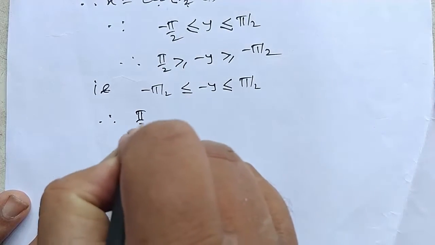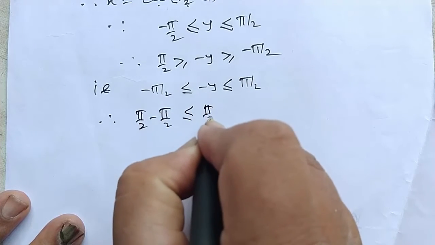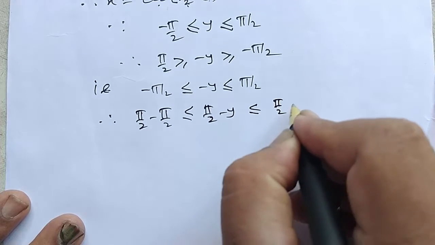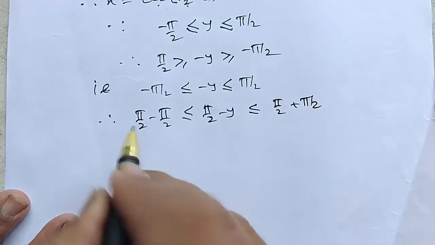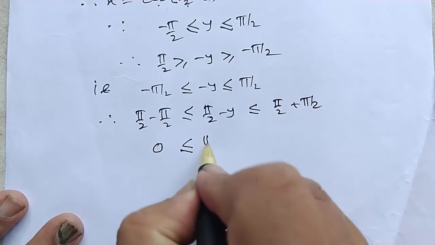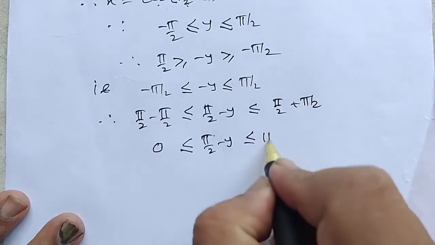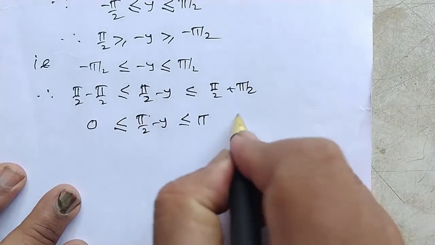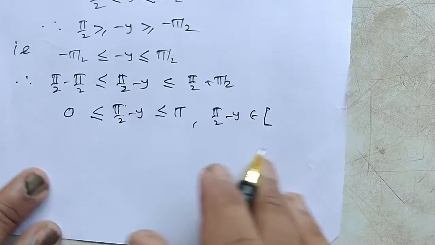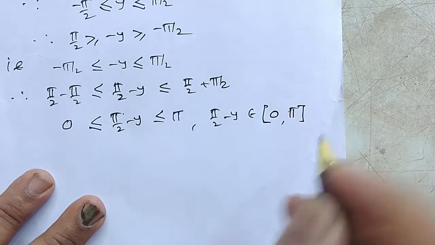Therefore, pi by 2 minus pi by 2 less than or equal to pi by 2 minus y less than or equal to pi by 2 plus pi by 2. Pi by 2 minus pi by 2 becomes 0, and pi by 2 plus pi by 2 is pi. Therefore, pi by 2 minus y belongs to the principal value branch of cosine function.